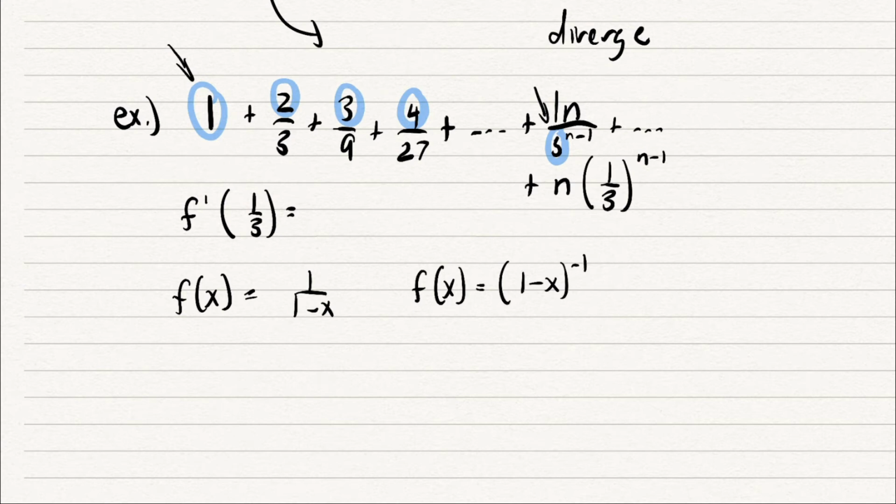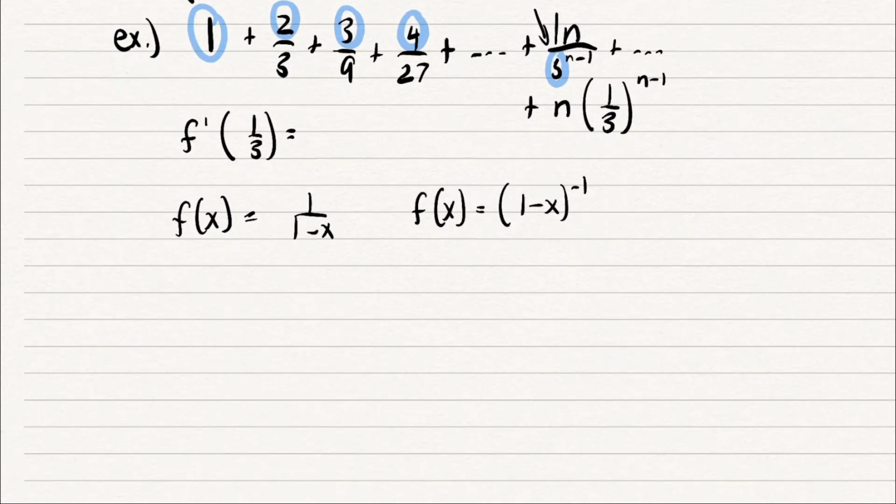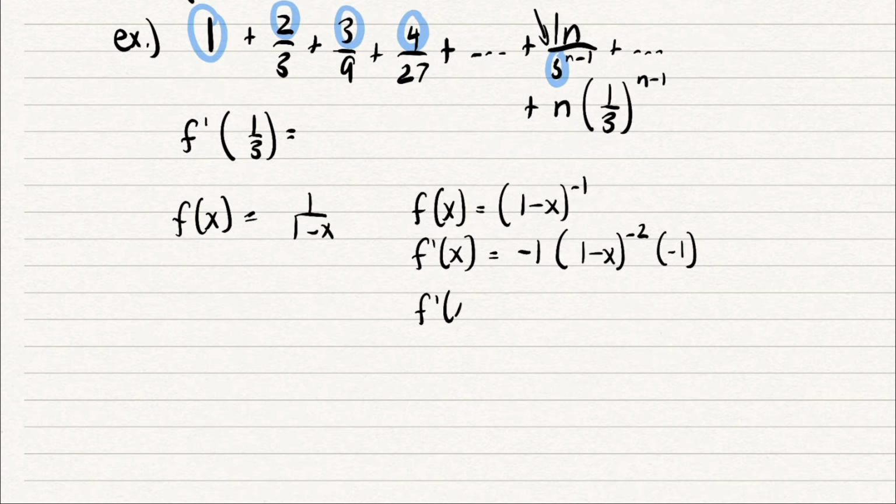I know it's been a while since we've done old-fashioned derivatives. So f prime of x is going to be equal to, bring down the -1, parentheses 1 minus x to the -2, and then times -1. So the negatives do cancel each other out. So f prime of x is going to be equal to 1 over parentheses 1 minus x squared.